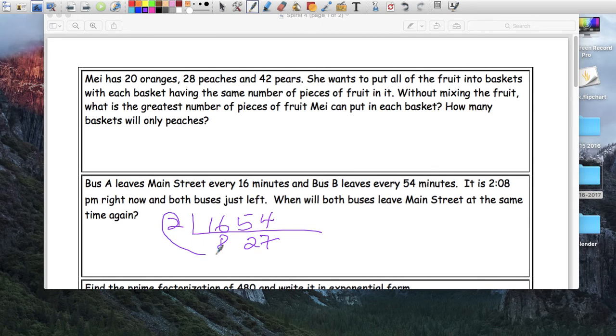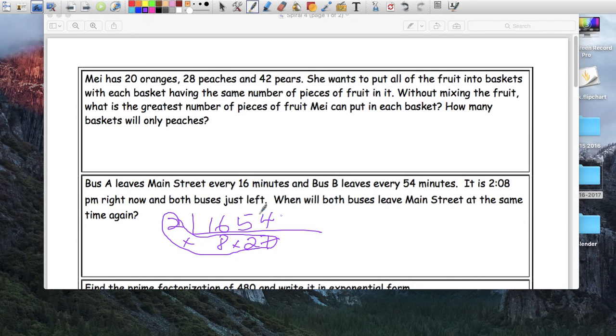So this is an LCM problem. And you multiply 2 times 8 times 27. 2 times 8 is 16, times 27 gives you 432 minutes.